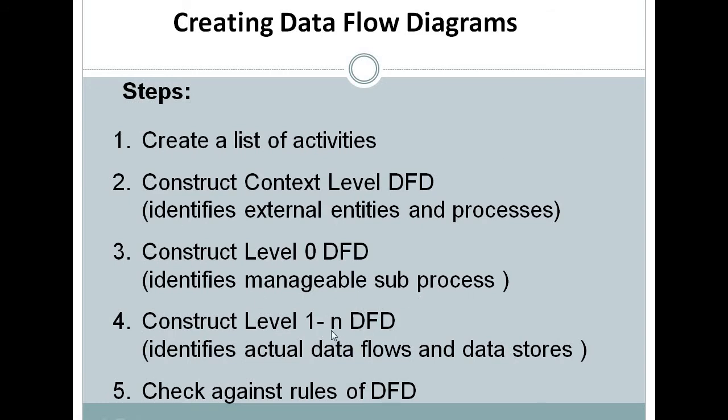Construct level 1 to n DFDs, which identify actual data flow and data stores. Then check against the rules of DFD. These are the steps for creating DFD. On the basis of these steps, we will cover two examples. First is the bank and second is the lemonade stand. We will cover these two examples in a slide, then you get an idea how to draw DFD diagrams.